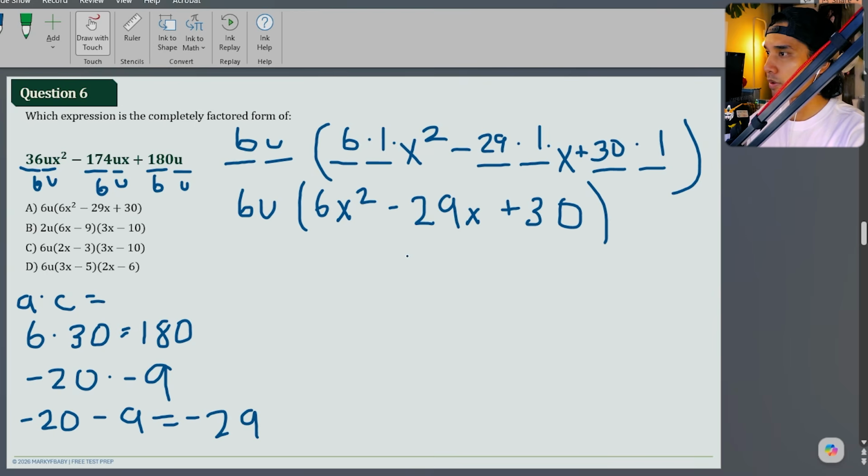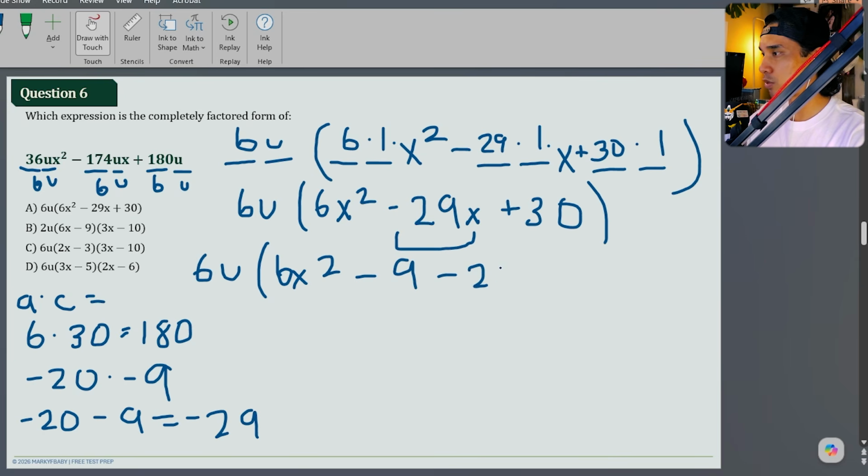Now, what we're going to do is rewrite everything like this. 6u, I have to split this middle term. That's what I am about to show you. I'm going to split the middle term because we found the 2. Okay, so 6x squared, and then minus 9, and then minus 20 plus 30.